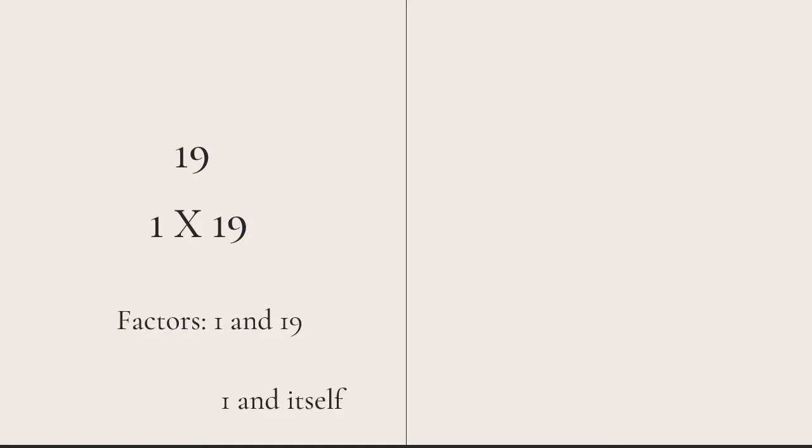Here, what it means by 1 and itself is 1 and the number itself, which is 19. So there are 2 factors here, 1, 2. So we know if there are 2 factors, then it is a prime. So 19 is a prime number.